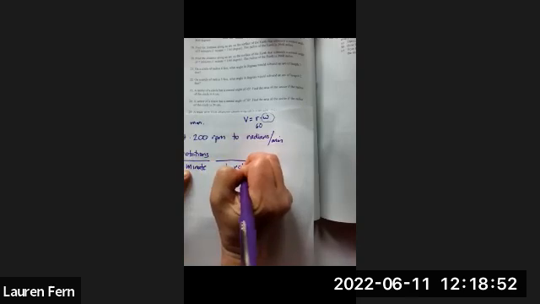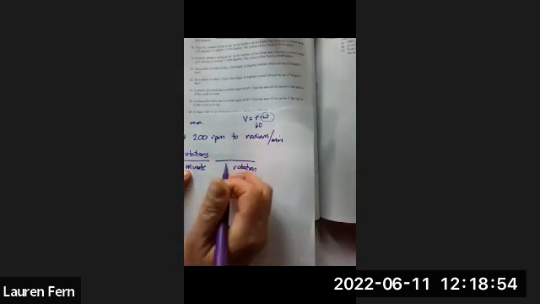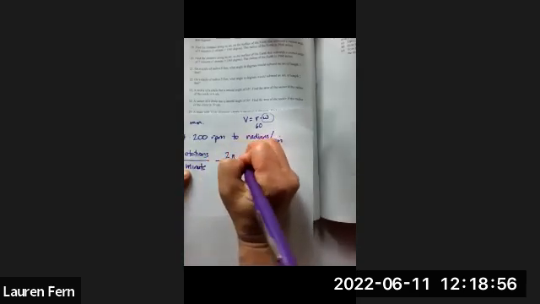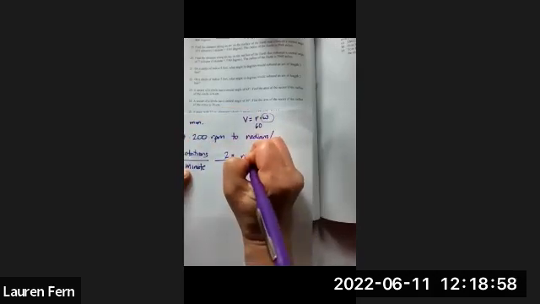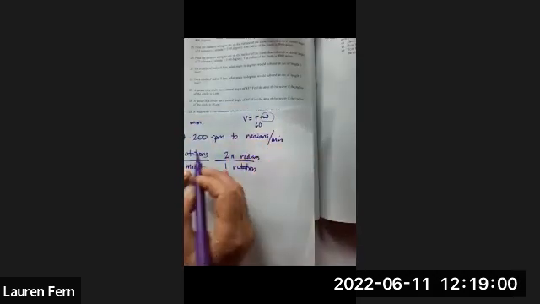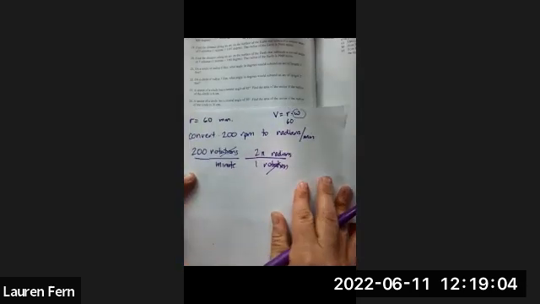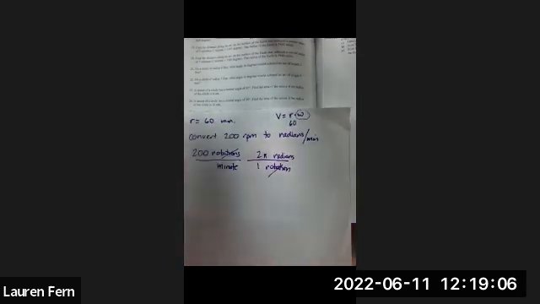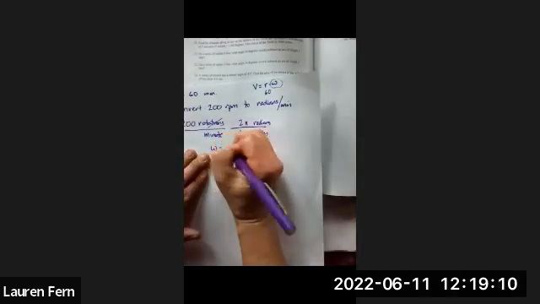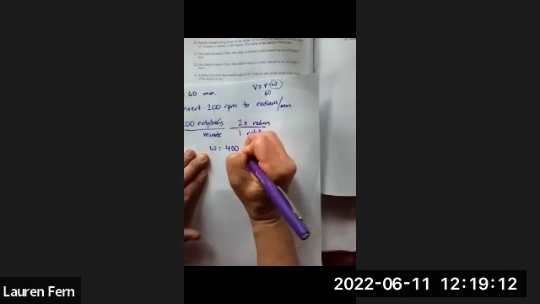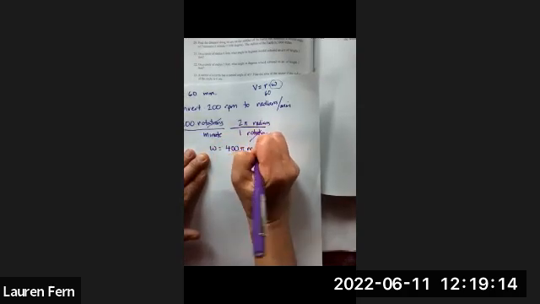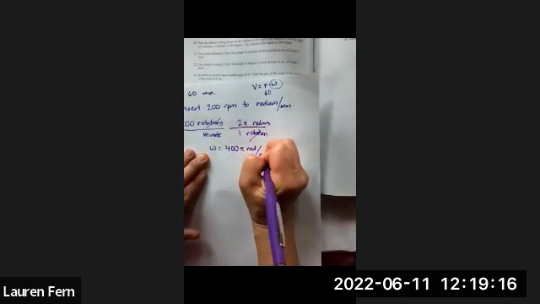So one rotation, we know one full time around a circle is 2 pi radians. Notice that will get us into the correct units here. In other words, our angular speed is 400 pi radians per minute.